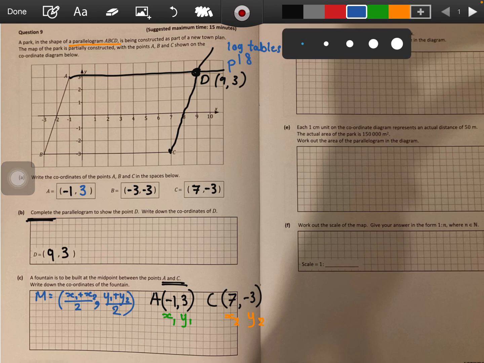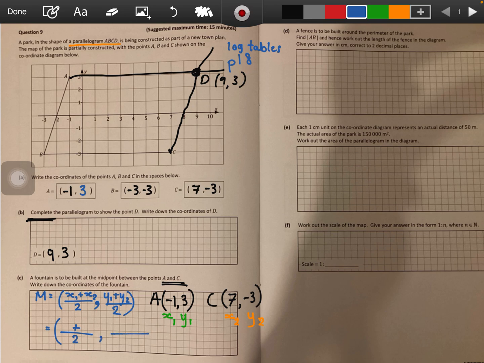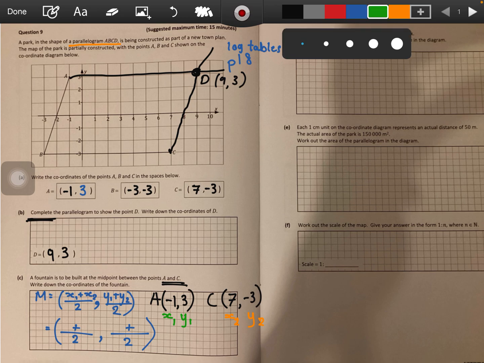Okay, so fill in your formula there. So fill in x1 and x2 and likewise y1, y2. So x1 was -1, x2 was 7, y1 is 3, and y2 is -3.